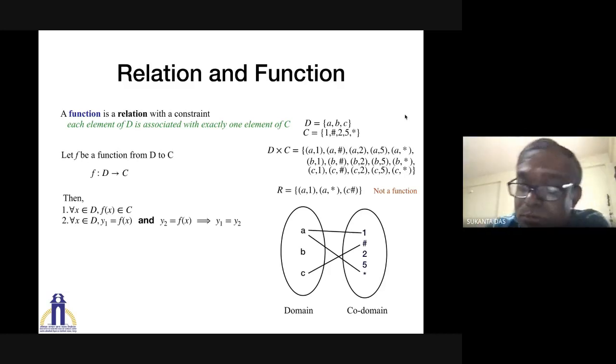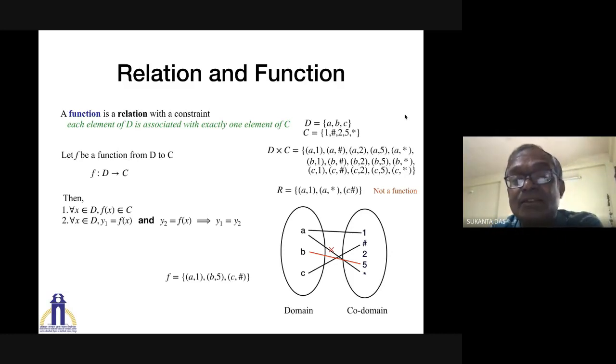So if I want to design a function using these two sets, let us make this association B with 5, and let us cross this one, A to star. Suppose I am omitting that one. Then I get this kind of set: A to 1, B to 5, and C to hash.